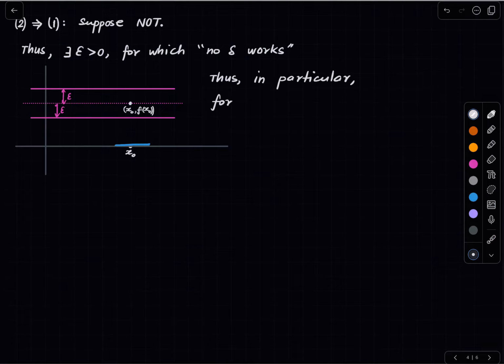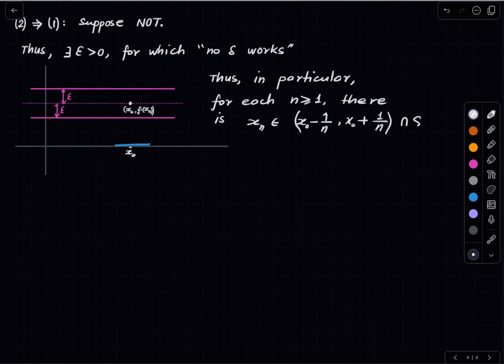So in particular, for each natural number n, there is some offending point in the neighborhood of width 1/n such that the image point is far away from f(x0).